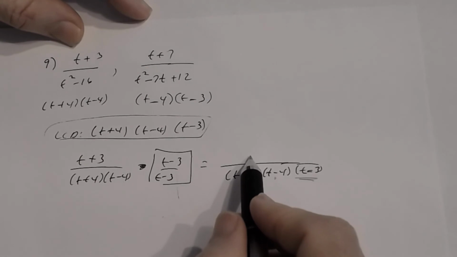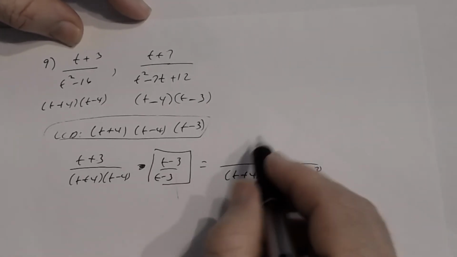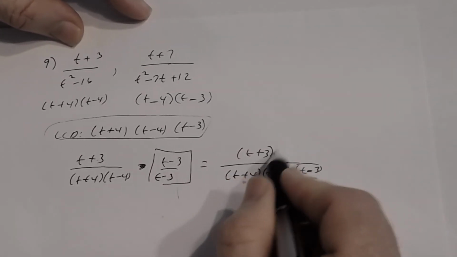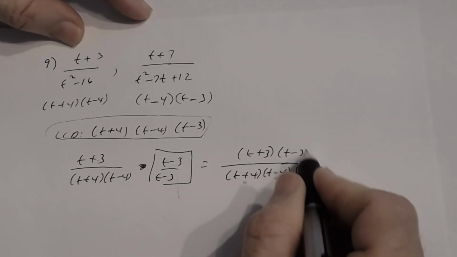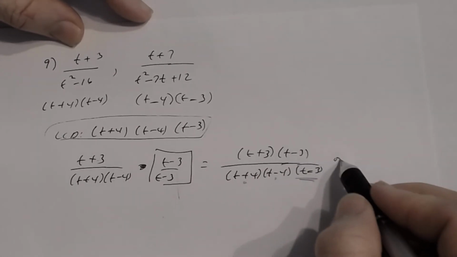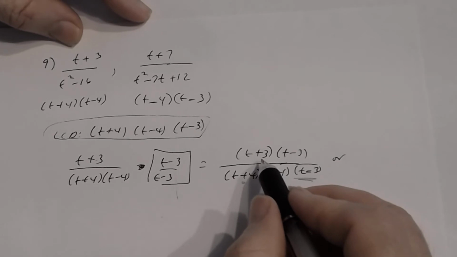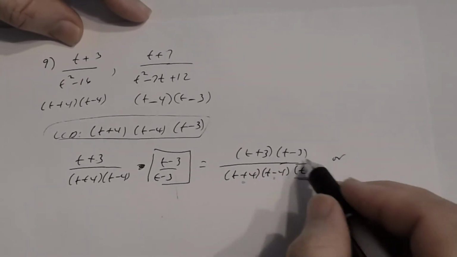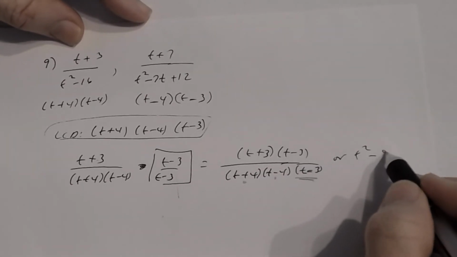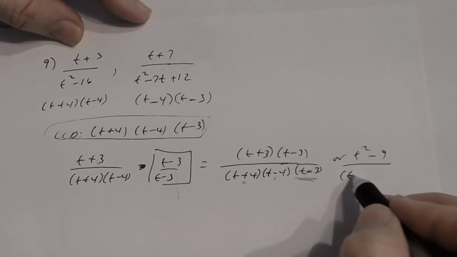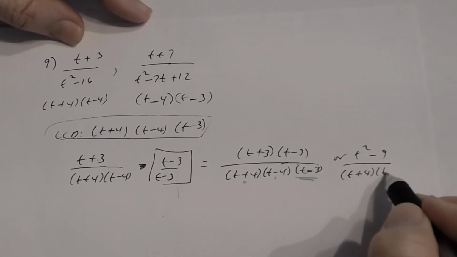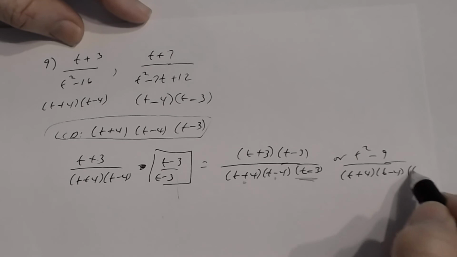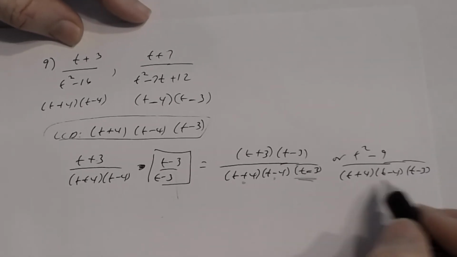So my numerator is going to be the product of these two: t plus 3, t minus 3. Or if you want to, you can multiply the numerator out. That's going to be t squared minus 9. But never, you're going to see that, do not multiply the denominators out. Leave it alone. In fact, I would not want to multiply this out.